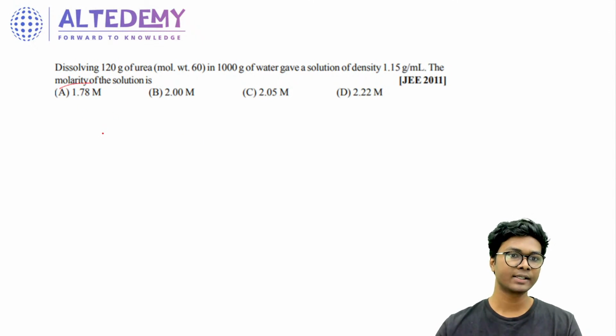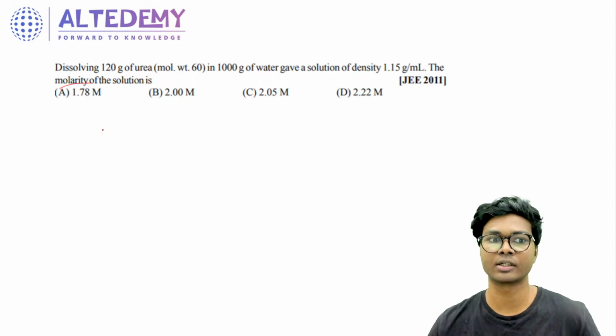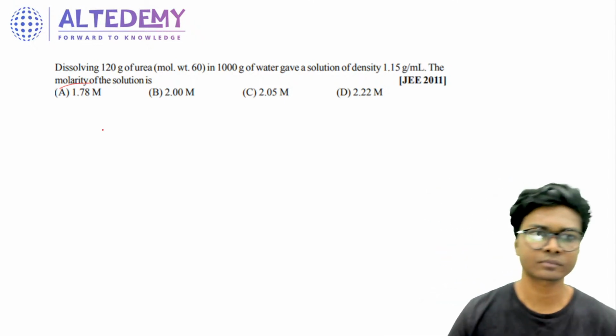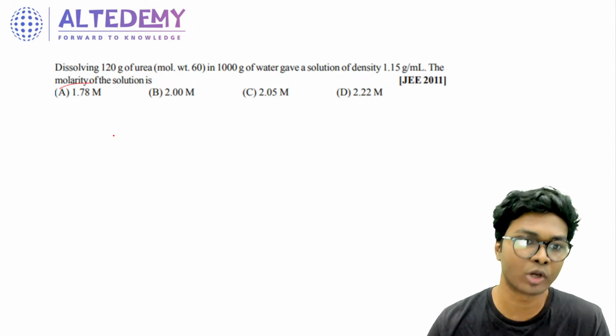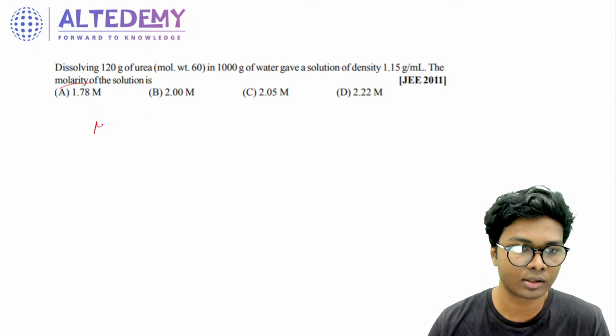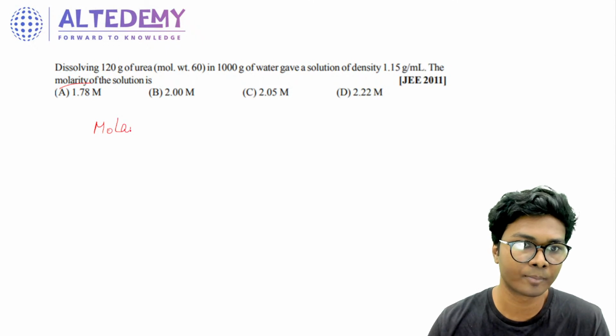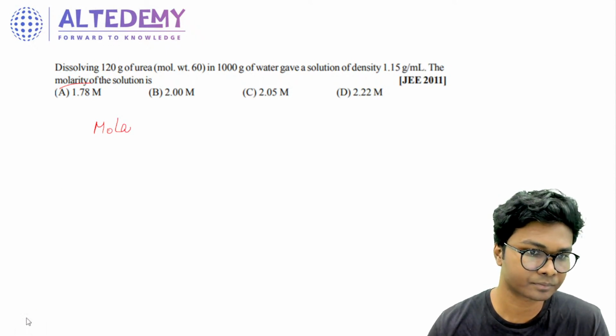We know the molarity. Let's decode the question in a reverse way. That's how you will understand. So what the question is asking is molarity. We all know the formula for molarity.